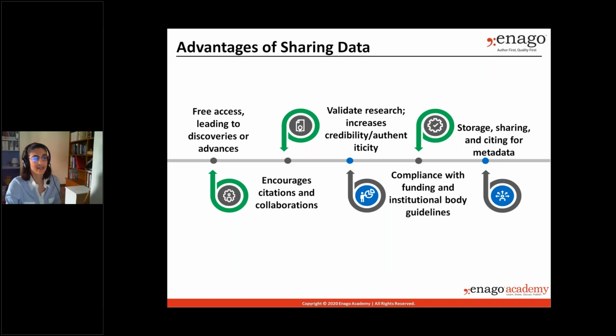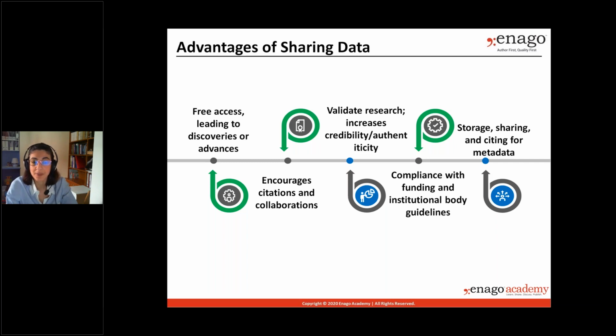Advantages of sharing data: free access, which leads to discoveries and advances, facilitates the international scientific community, encourages citations as well as collaborations. People who will see your data may want to collaborate with you for specific specialized projects. It's a way to validate research, enhance validation of research and promote it, increases credibility and authenticity.